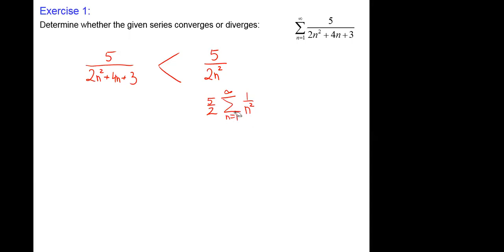Okay, do you see? That's what I said. Having a polynomial, taking a leading function, and then rewriting, simplifying, I end up with my p series test. And then we can definitely see that the p-value is 2, greater than 1. This infinite series is convergent.